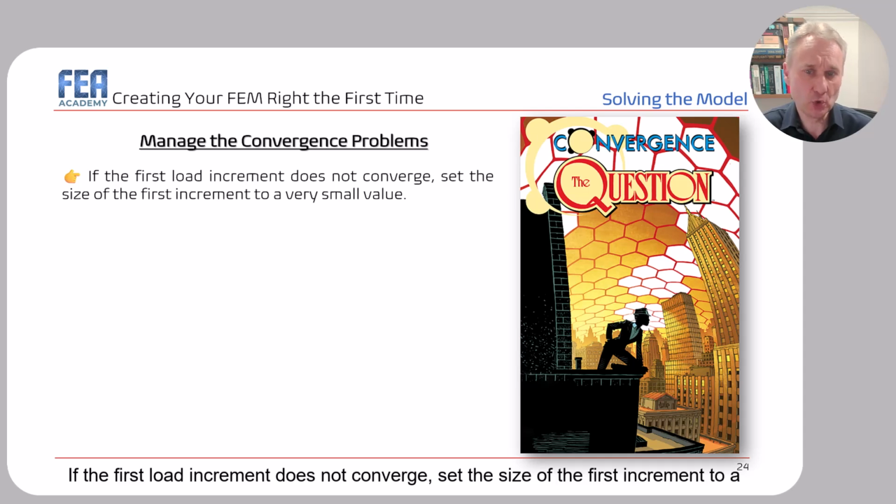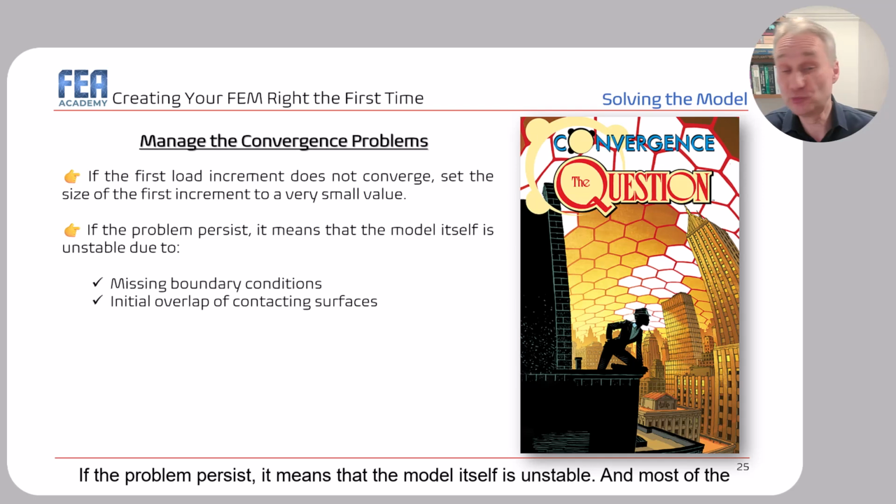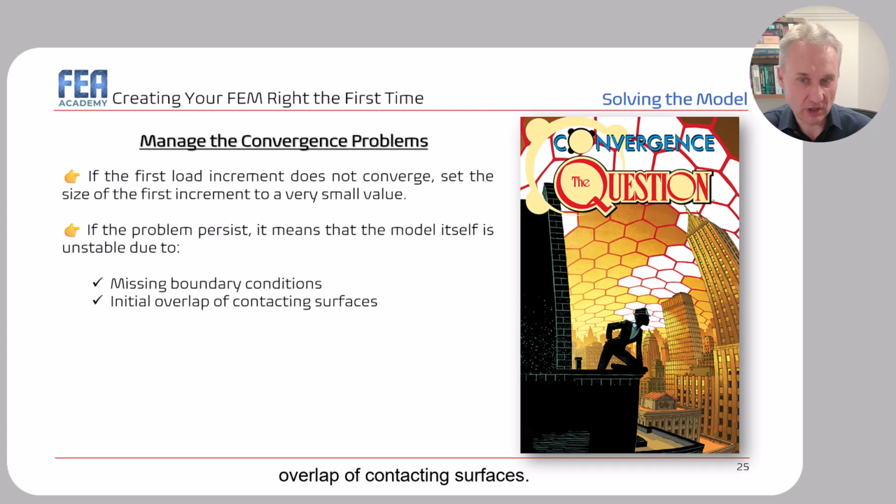If the first load increment does not converge, set the size of the first increment to a very small value. If the problem persists, it means that the model itself is unstable, and most of the time it is due to missing boundary conditions, like a rigid body motion, or initial overlap of contacting surfaces.